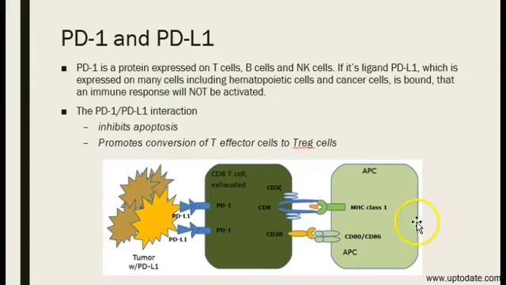There is an interaction here between the tumor cell, which expresses the PD-L1 ligand, the CD8 T cell, which has the PD-1 receptor, as well as the corresponding antigen presenting cell, which has the MHC class 1 interacting with CD8, and then has the CD80 or CD86 receptor complex interacting with CD28 on the CD8 T cell.